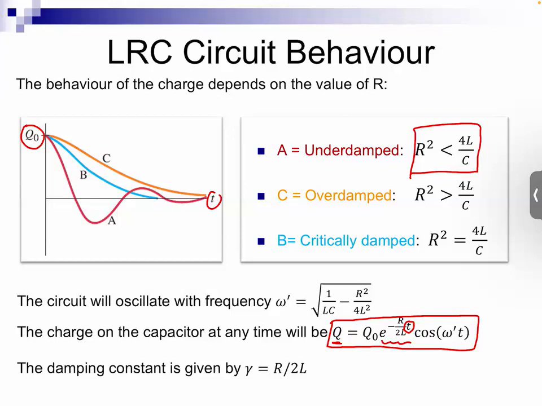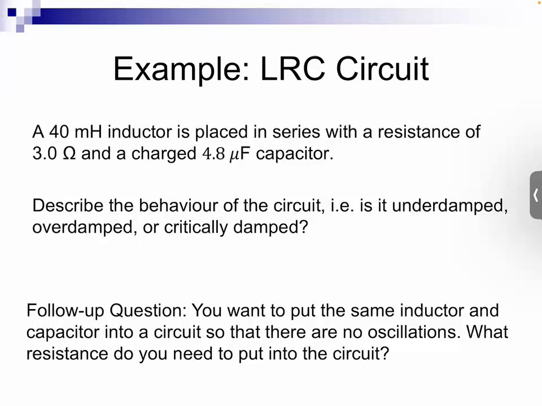So are we happy with the concept there, like the effect of the resistor dissipating the energy? And just a quick example, you have here a 40 millihenry inductor. It's placed in series with a 3 ohm resistor and a 4.8 microfarad capacitor. We want to describe the behavior of the circuit, whether it's underdamped, overdamped, or critically damped.